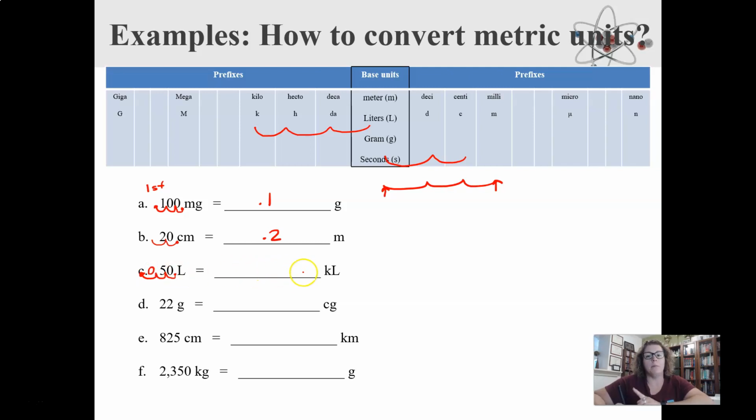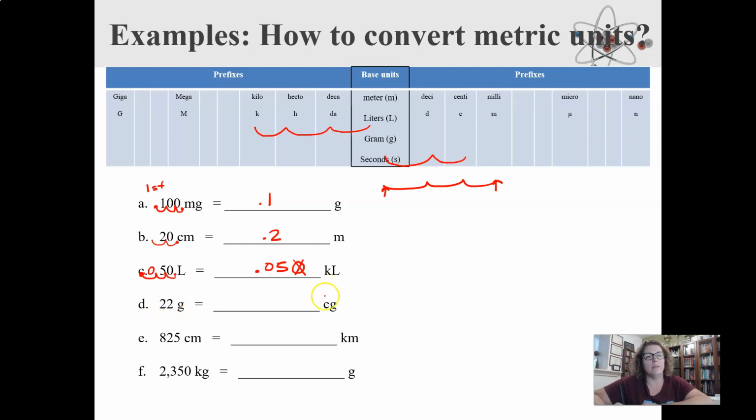But I need to remind myself I only need 1 sig fig, so 0.05. Leading zeros do not count as sig figs. If I kept that 0 at the end, that 0 becomes significant because it's after the 5 and it contains a decimal. So you're going to want to make sure that you don't keep that 0 at the end.